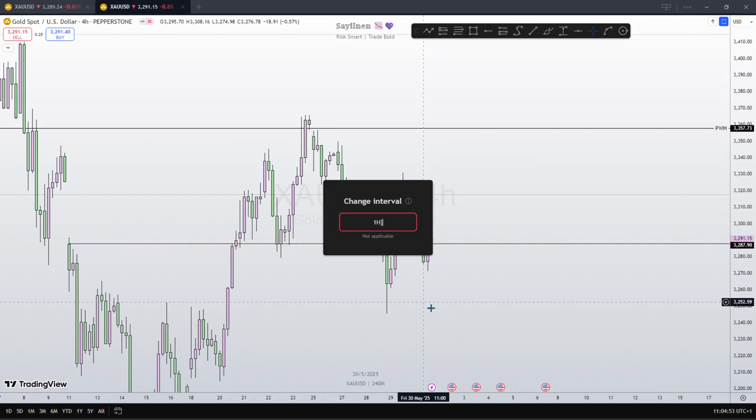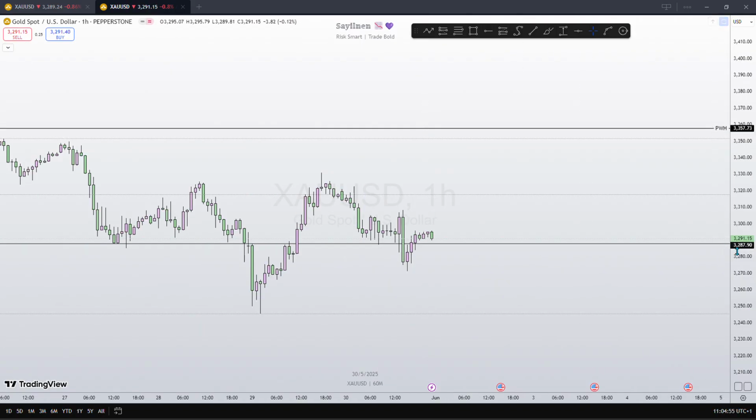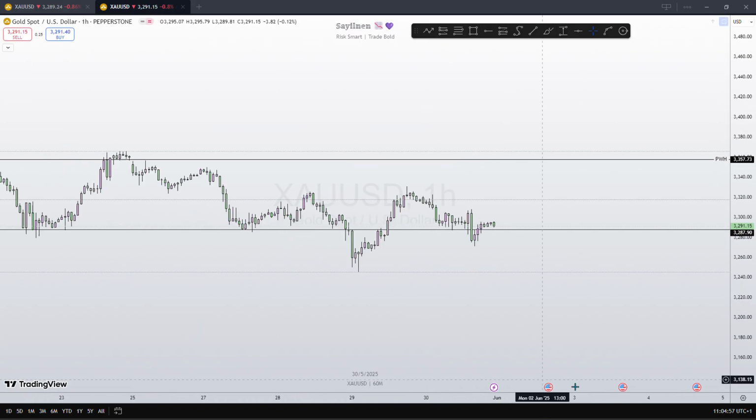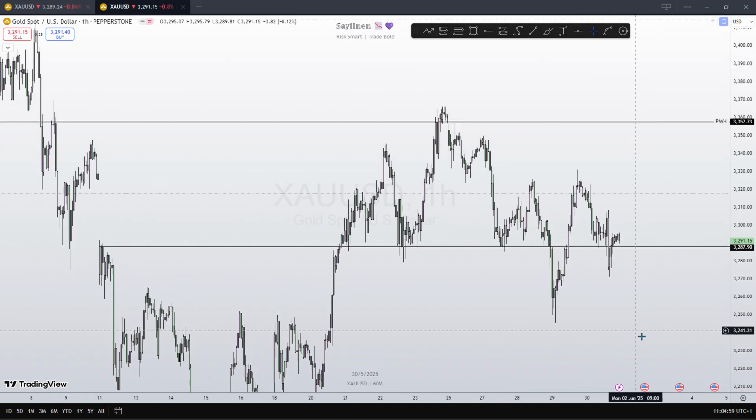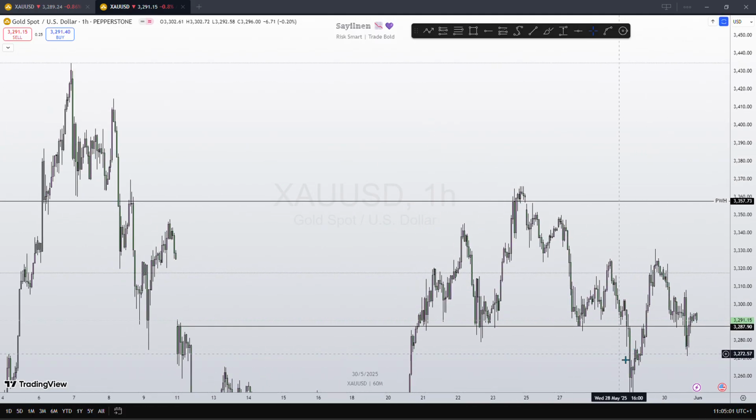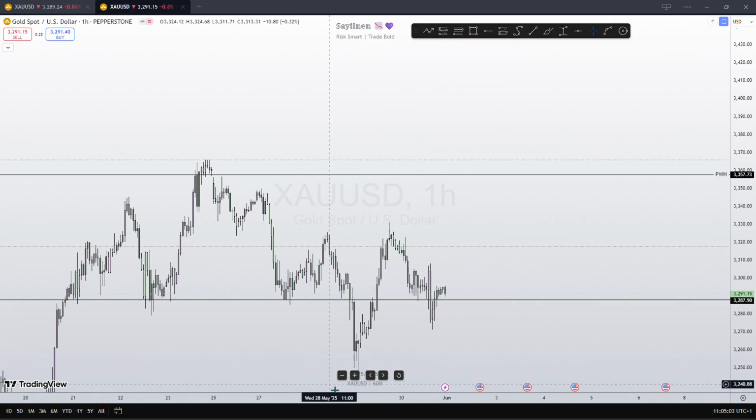If we go down now to the 1 hour time frame, we could notice something here.